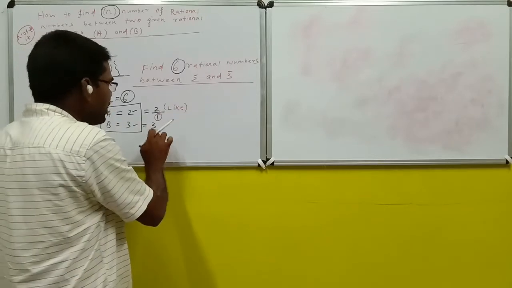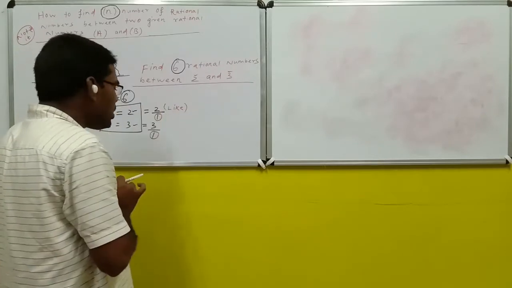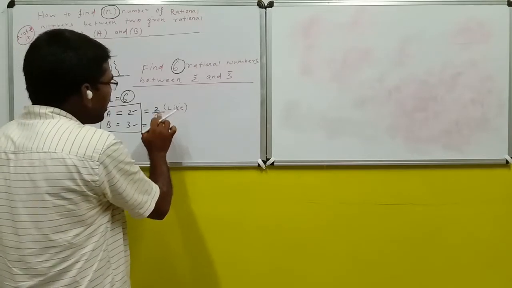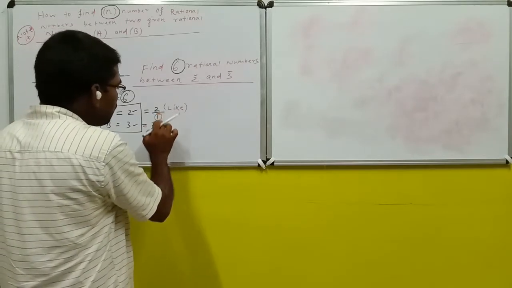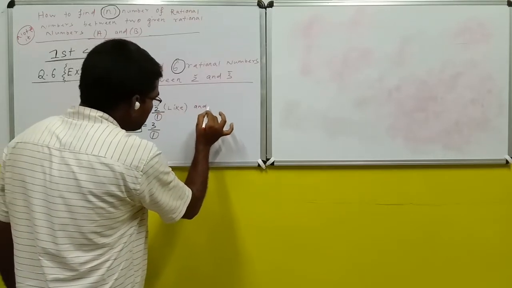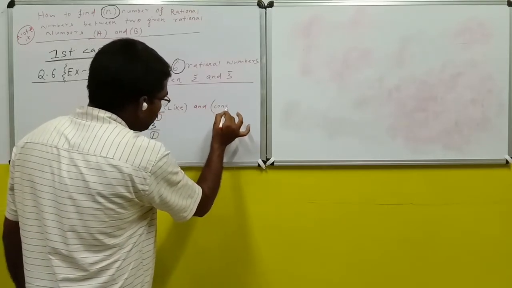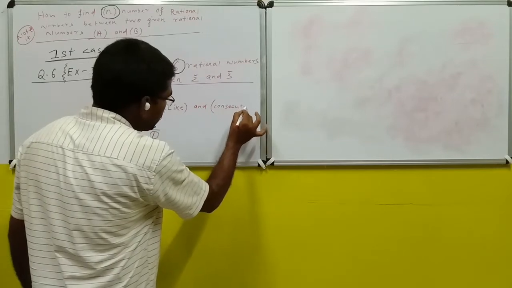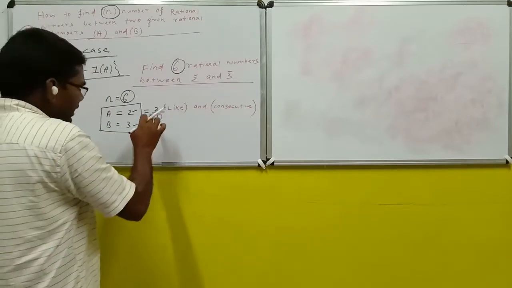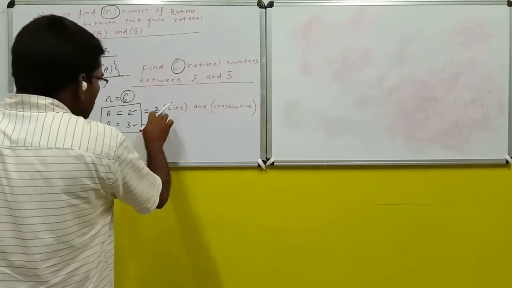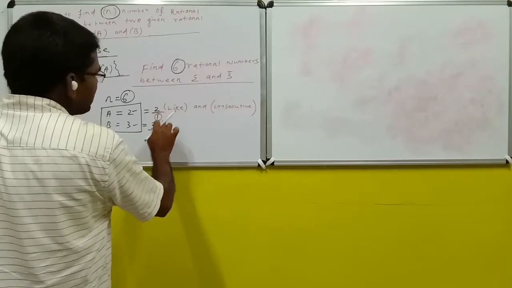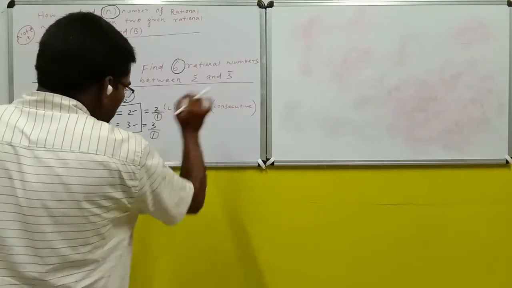It means 3 by 1 is the next of 2 by 1, and therefore these two rational numbers are also said to be consecutive. So, your given rational numbers 2 and 3 are like and also consecutive.